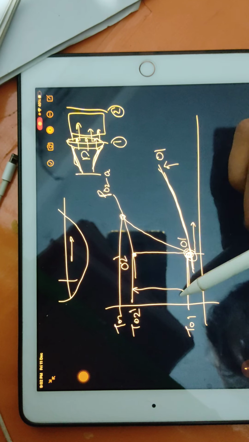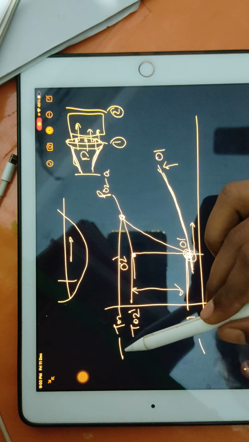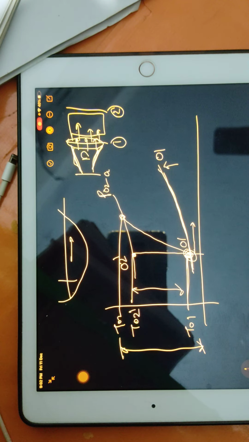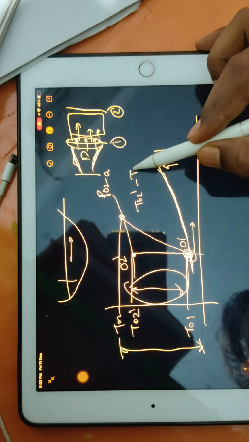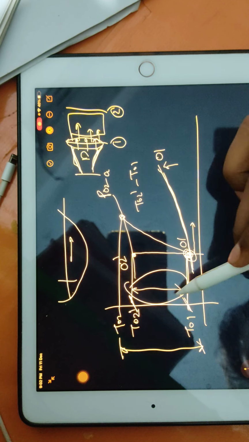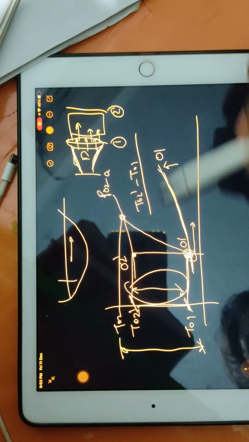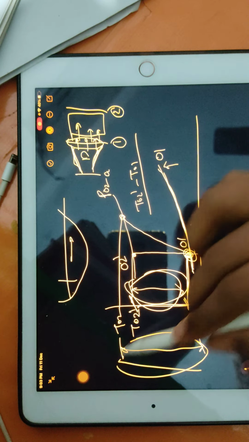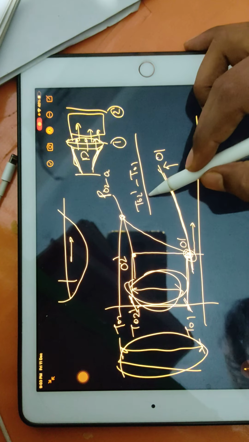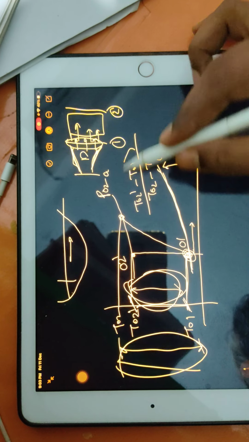So you see this gap and this gap. This gap is smaller, which is nothing but T02 dash minus T01. Subtract this temperature from this temperature to get the gap, divided by this larger gap, because efficiency should always be less than 1. That's why it is the smaller answer divided by the larger answer. So T02 dash minus T01 over T02 minus T01 is the efficiency.